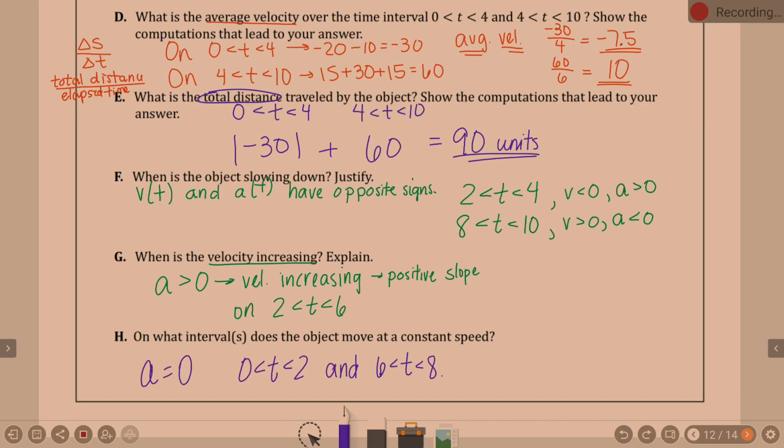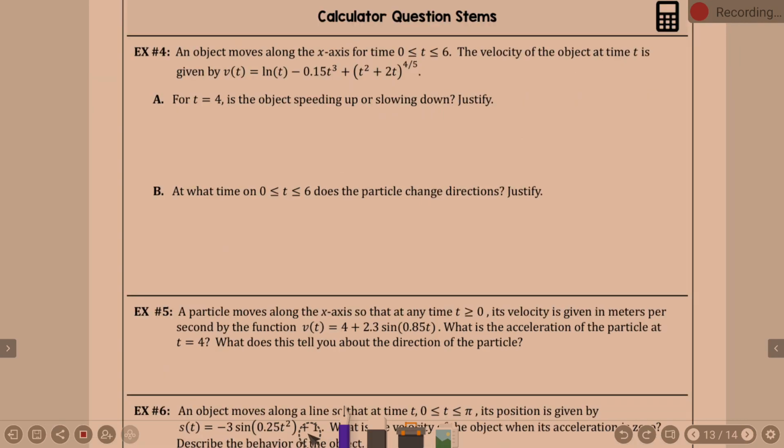Example 4. I don't know if we need a calculator for all these pieces, but we do a lot of them. An object moves along the x-axis for time 0 to 6. The velocity of the object at time t is given by that formula. Thus the calculators. At t equals 4, is the object speeding up or slowing down?